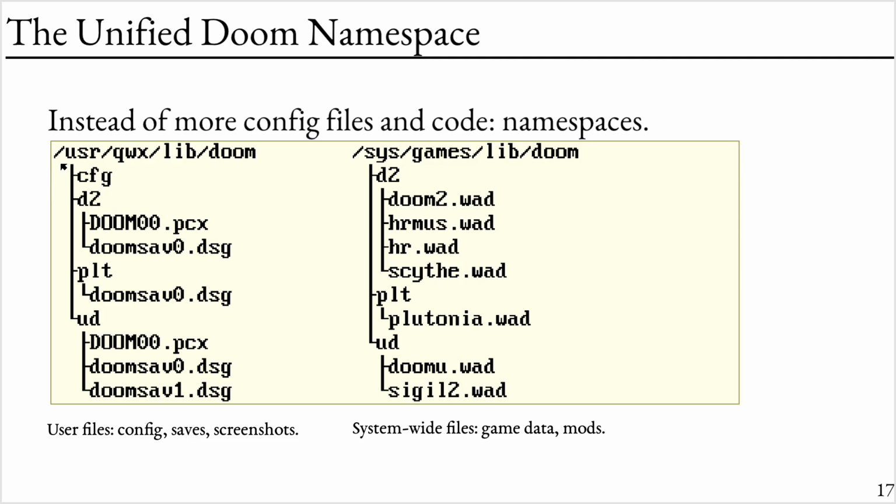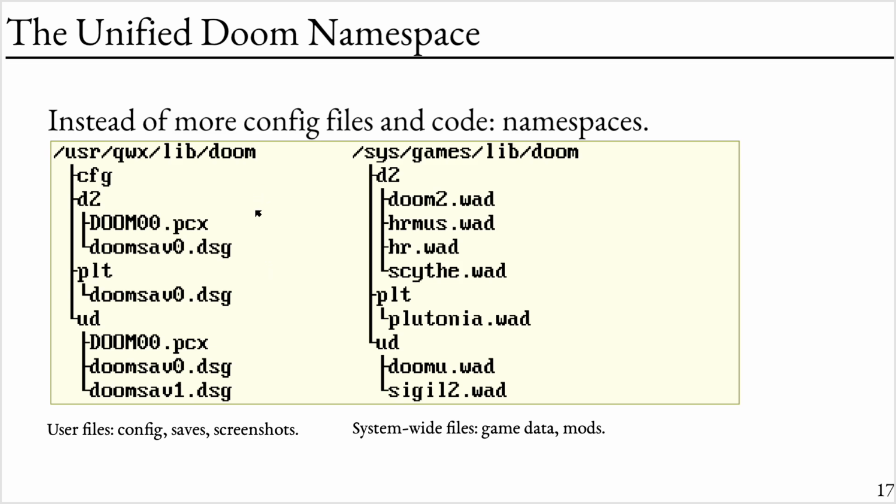In the user directory, you'd have a config file, which is global, but doesn't necessarily need to be if you create it in one of these directories. And here we have files for Doom 2, Plutonia, and Ultimate Doom. As you can see, the screenshots in PCX format and the save games don't identify the game version just with the file name.